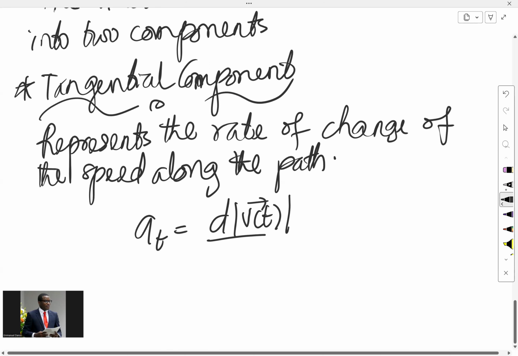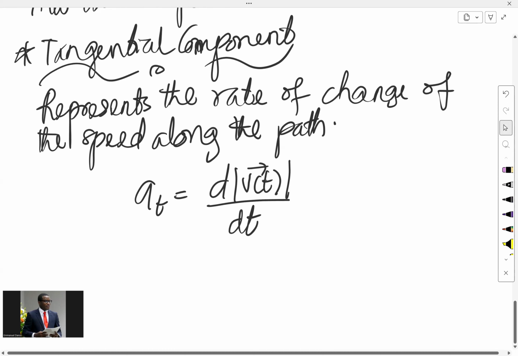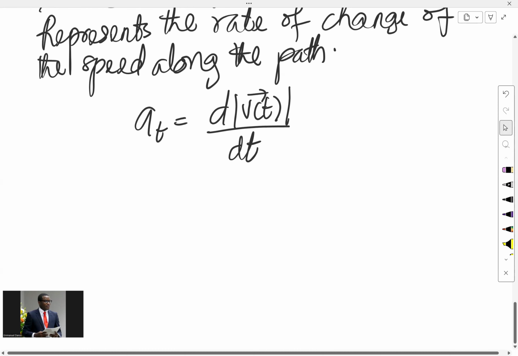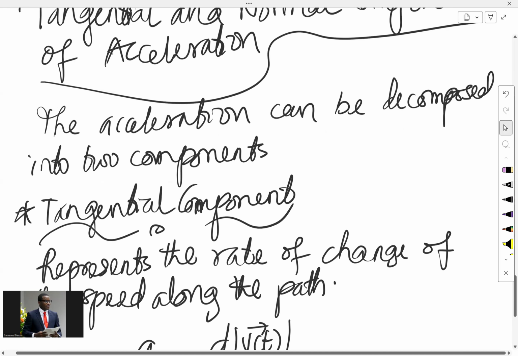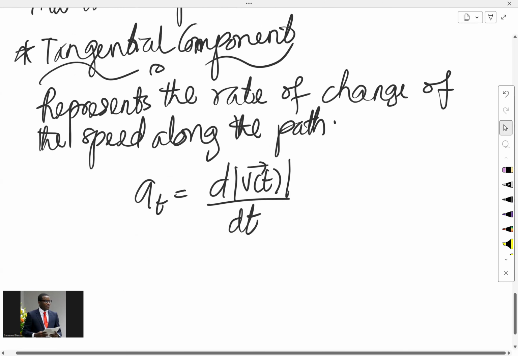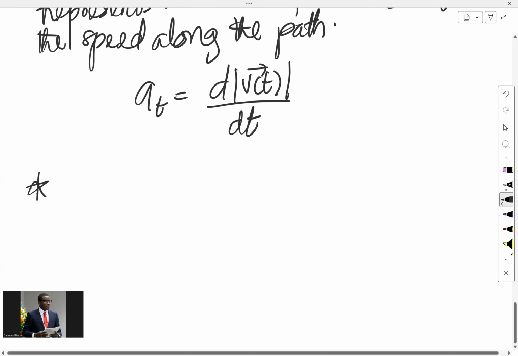That's what is known as the tangential component. And then you have the normal component. We're talking about tangential and normal components of acceleration, so still talking about acceleration, but acceleration has tangential and normal components. The second part is the normal component.